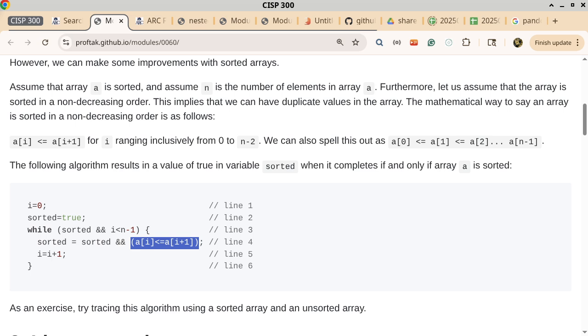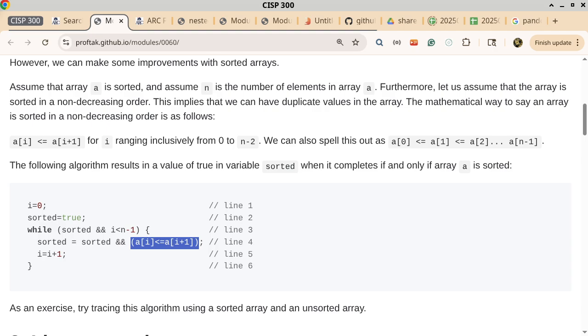It means A bracket I is greater than A bracket I plus 1, which means, according to the way we define what it means for an array to be sorted in a non-decreasing way, if the highlighted condition is false, it means guess what? This array is not sorted.